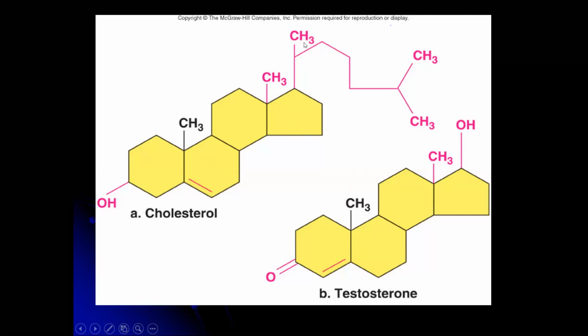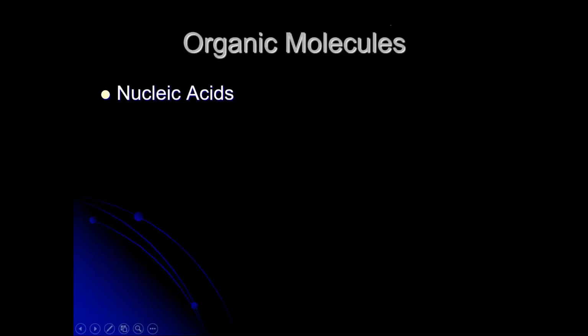What makes it different is what's attached to that last ring. Your progesterone won't have the OH here. That's what makes this a cholesterol. It's the alcohol group added there. This is a ketone unit, isn't it? Yeah. So you're going to see that on the progesterone. Okay. All right. We're getting close to the end, I think.